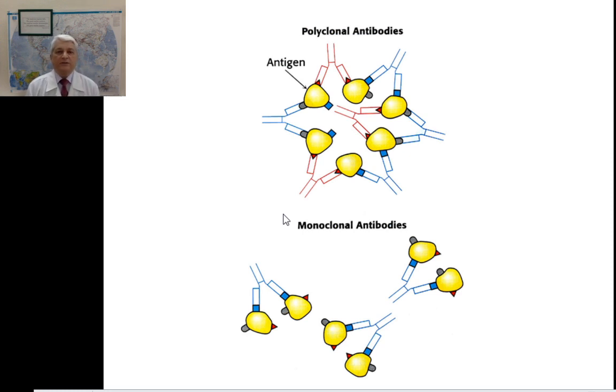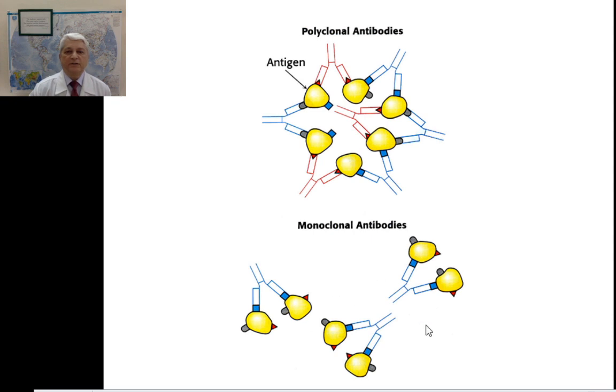Now please let's explain what is monoclonal antibody. Right, please. Monoclonal antibodies are antibodies which react with the same antigen. The beginning is the same as in the previous definition, which react with the same antigen.